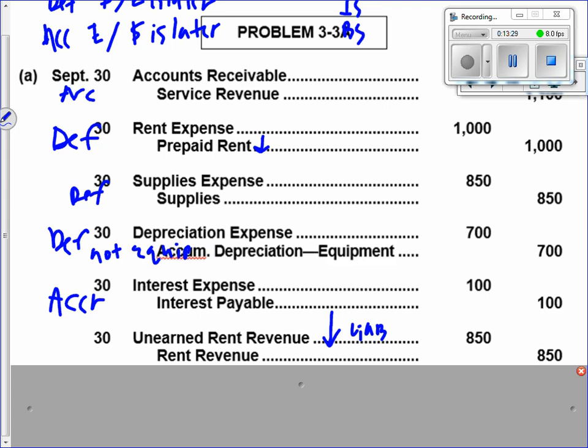We turn unearned, what we owed, into earned that we fulfilled. And the difference was $850. Accrual or deferral? Was the money there and then we did the work?